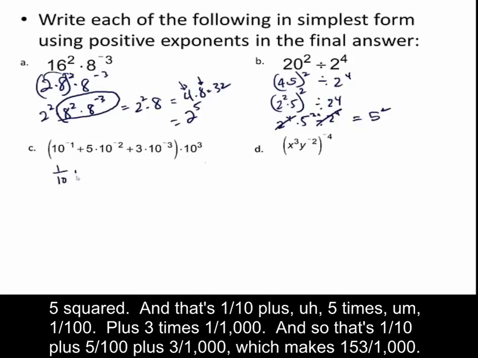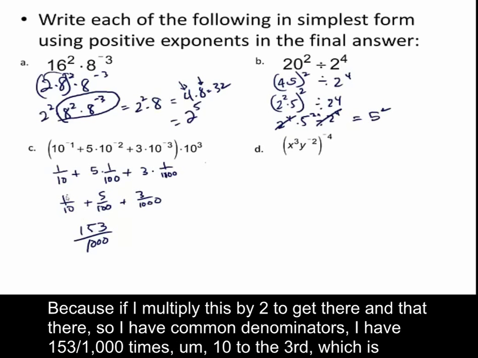Well, that's 1/10 plus 5 times 1/100th plus 3 times 1/1000ths, and so that's 1/10 plus 5 hundredths plus 3 thousandths, which makes 153 thousandths, because if I multiply this by 2 to get there and that there, I have common denominators.